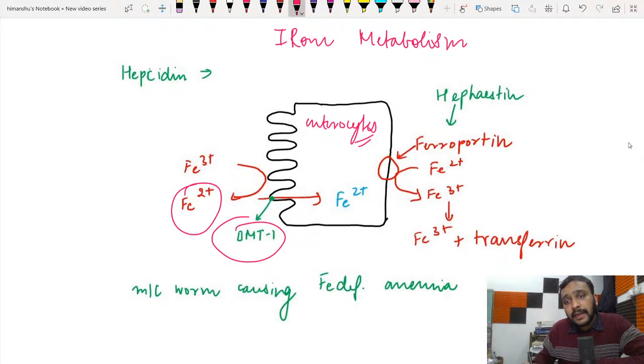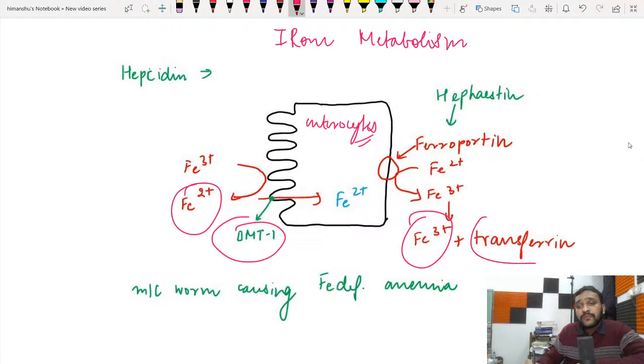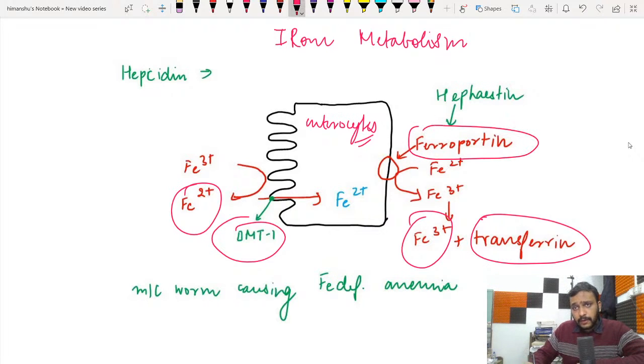Iron is transported throughout the body in the ferric form. This ferric form combines with transferrin and is transported throughout the body. This conversion of ferrous to ferric form is done by ferroportin.